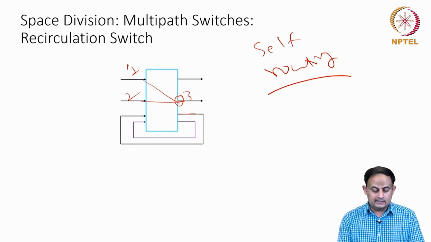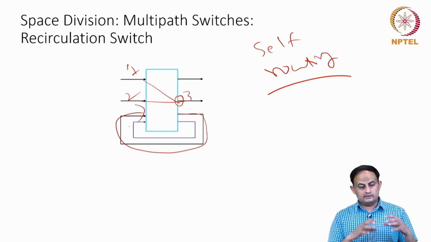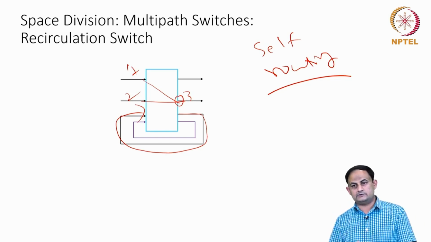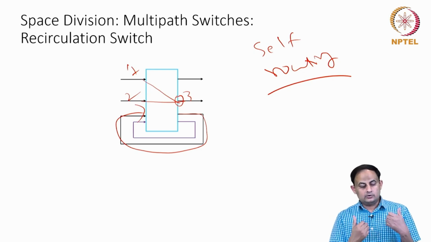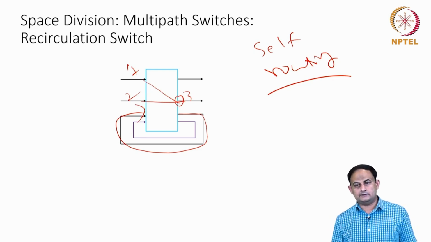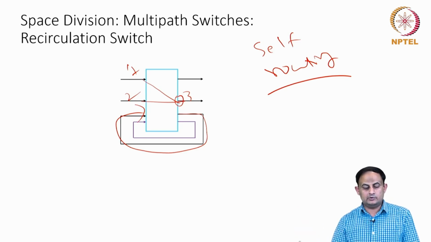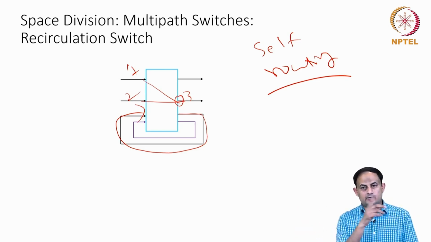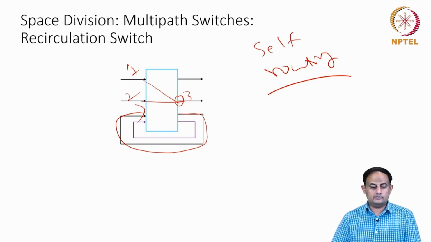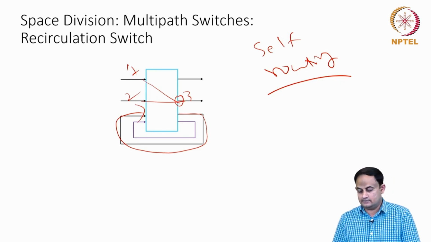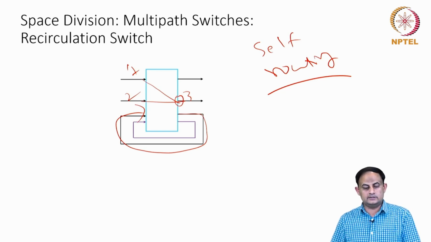So, if because of the output blocking and the independent decision, or the distributed transmission processing happening in the switch fabric, two different transmissions end up at the same output port, and because of that you have the output blocking, then you take back one of the packets and put it back into the same queue from where it came. So, such a design is called recirculation.